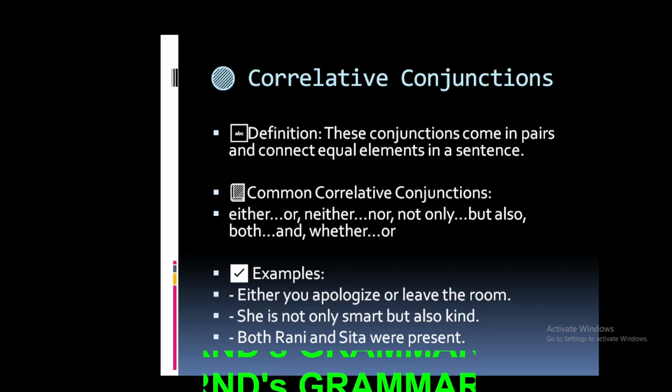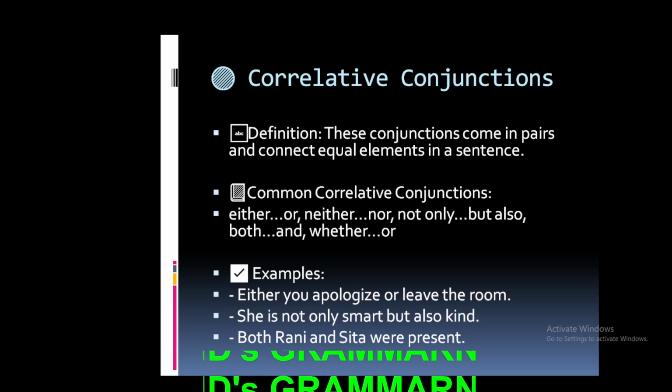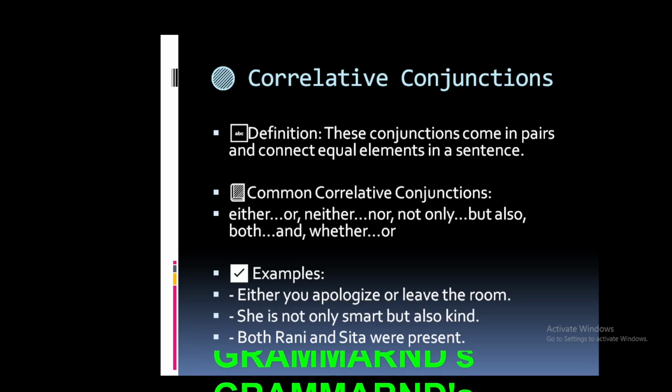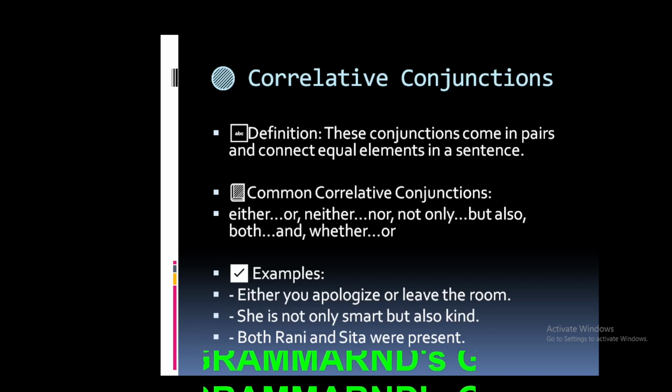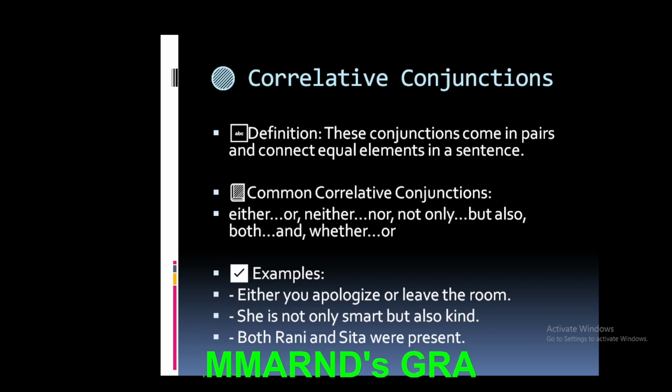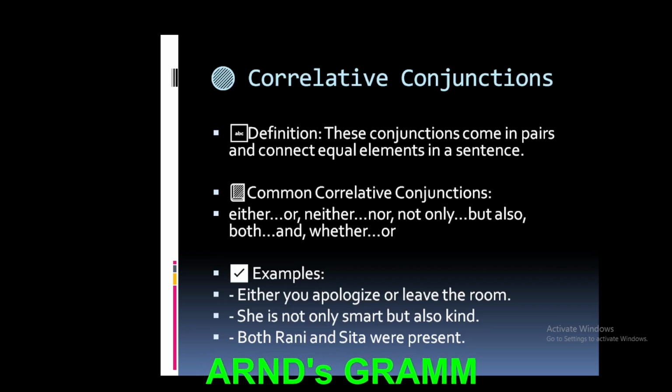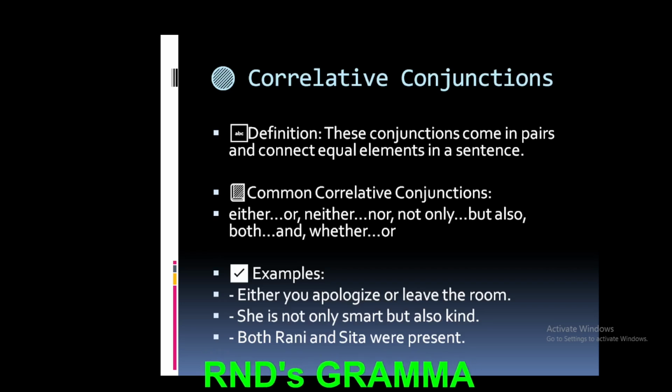Both and also joins two items. Whether or also is used to join alternative items. When an alternative question is asked and two alternatives are given, whether or is used.